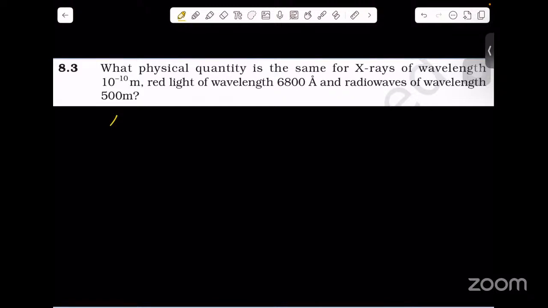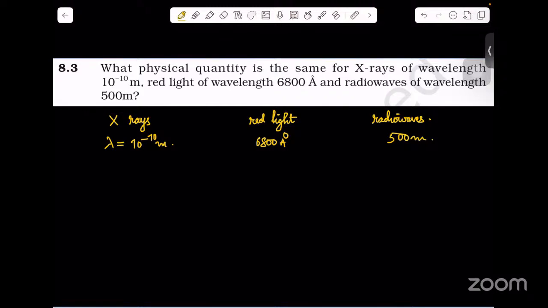We have been given X-rays, red light, which is our visible range light, and radio waves. X-rays have a wavelength of 10 raised power minus 10 meters, red light is 6800 angstroms, and radio waves are 500 meters.